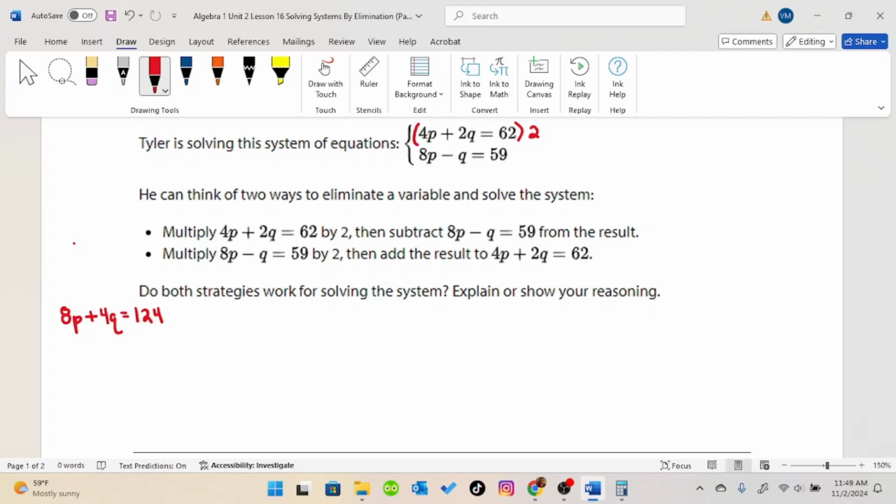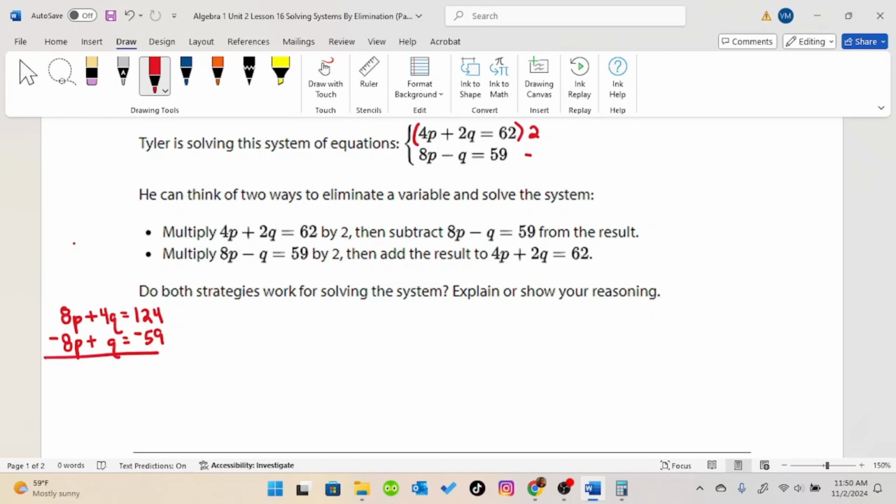Now, if we subtract the bottom, this would become minus 8p plus q equals negative 59. Because when we subtract, we need to change the sign of everything in that equation.